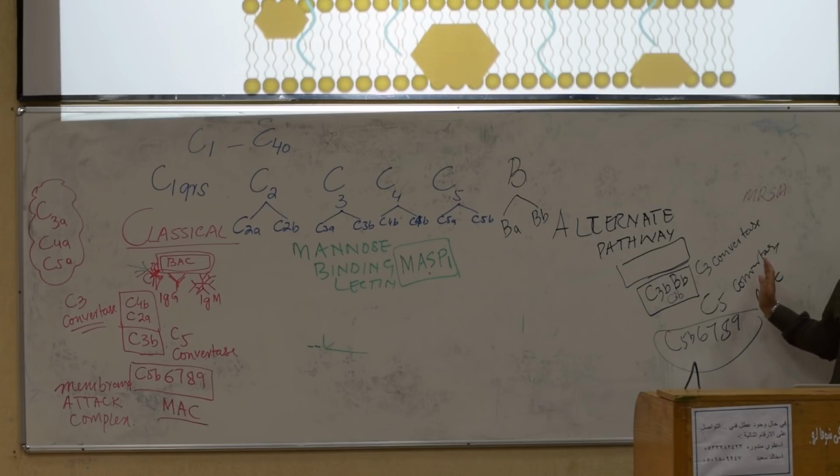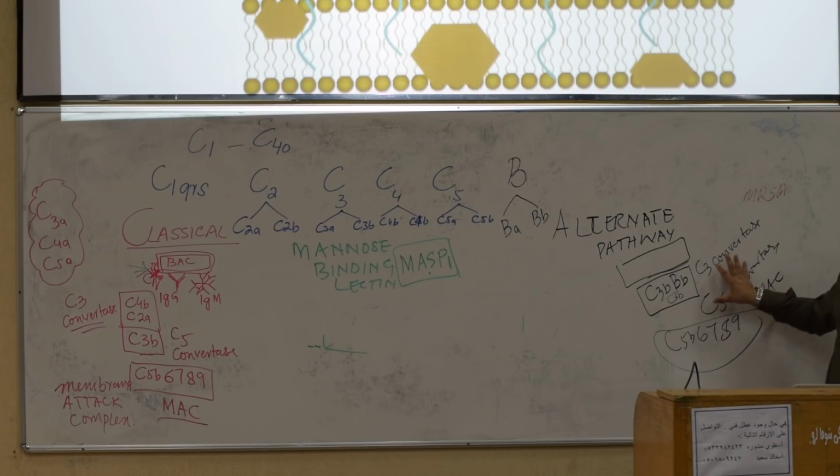The third pathway is the alternative pathway. C3 goes through activation and deactivation, spontaneous hydrolysis, but whenever encapsulated bacteria come into the body, it will bind to them, and C3b will find a capital B and a small b, make C3 convertase, then C5 convertase. As a result, MAC formation will take place.